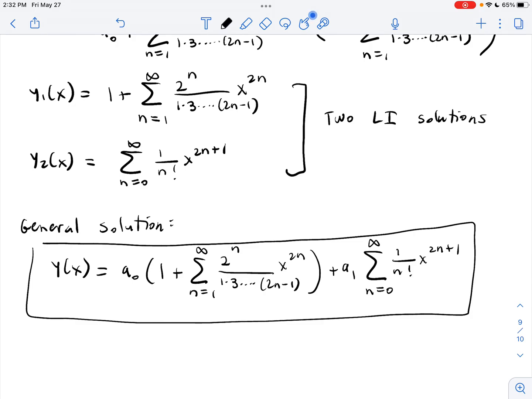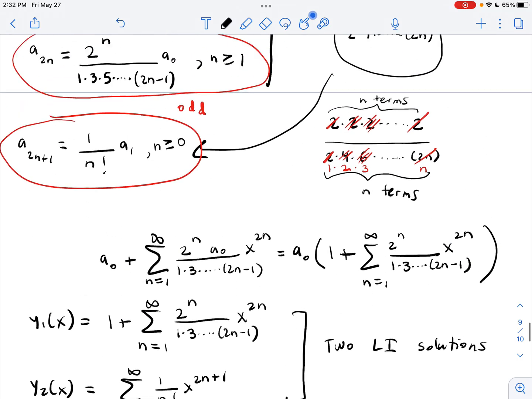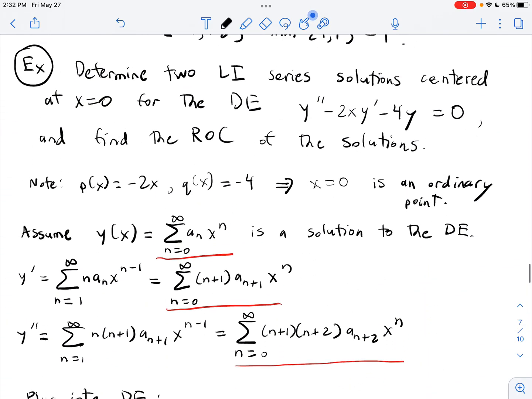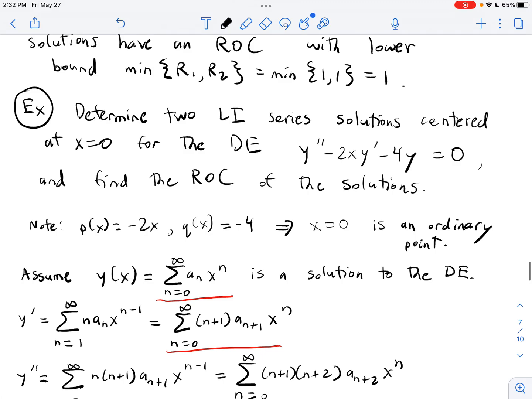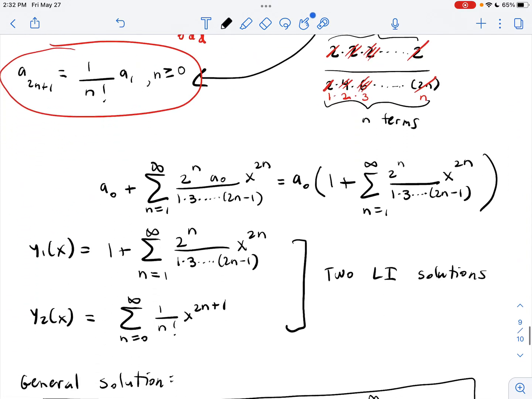Now, one last thing, we were supposed to find the radius of convergence, but here's the cool part. So if we go back to our original differential equation, so recall, what was p of x? If we look at our original problem, let me go back to it. In our original differential equation, p of x was negative 2x and q of x was negative 4.